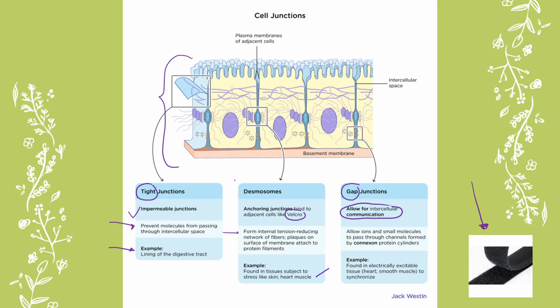So with gap junction, it allows ions and small molecules to pass through channels formed by your connexon protein cylinders. So connexons, kids, are what your gap junctions are made of. An example of this is found in electrically excitable tissues like your heart or your smooth muscles for synchronization.